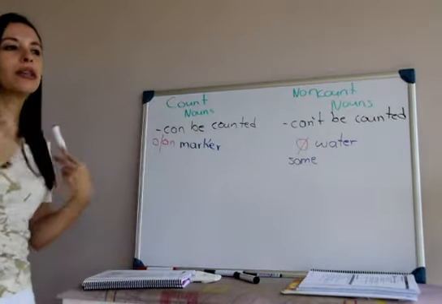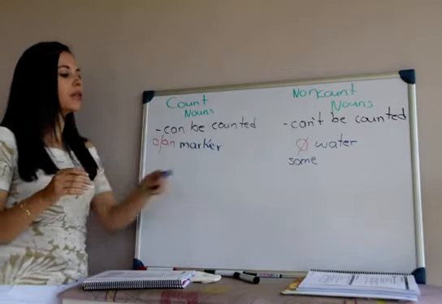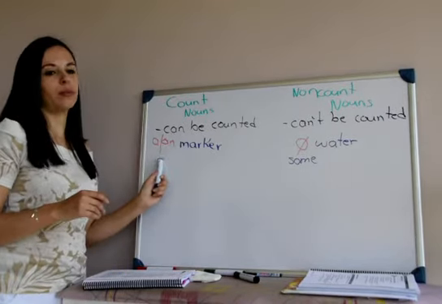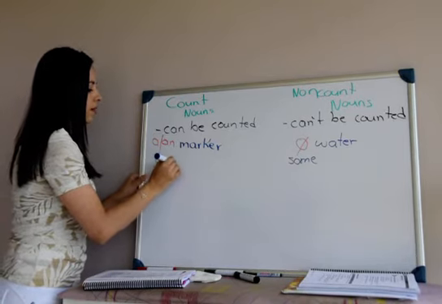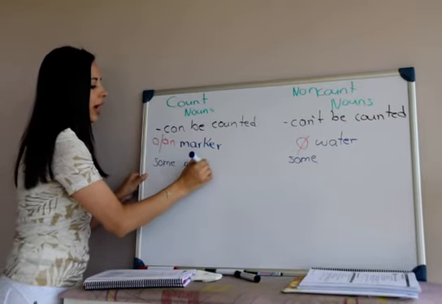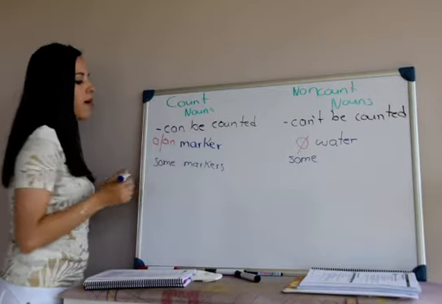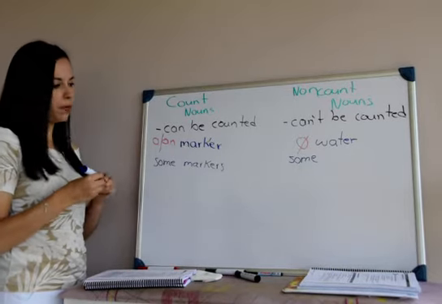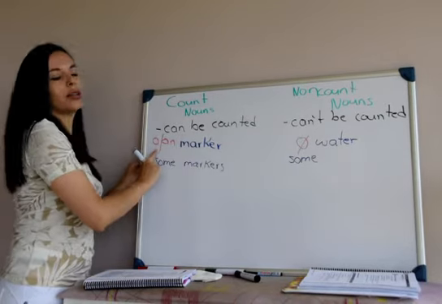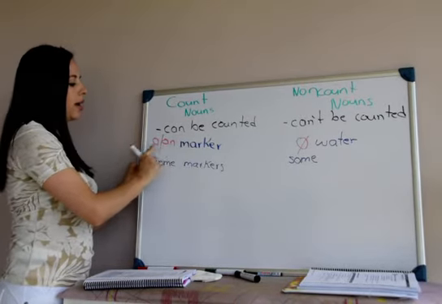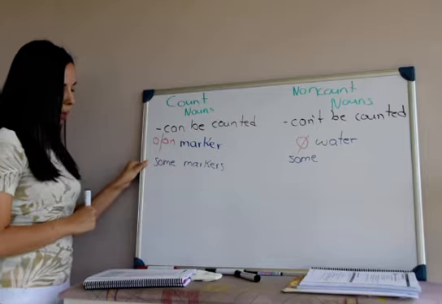You can say, I need to drink some water, because that is not countable. But in this case, you can also say, I need to buy some markers. That is also possible. Okay? So what you need to remember is that with the non-count nouns, you cannot use the articles a or an.